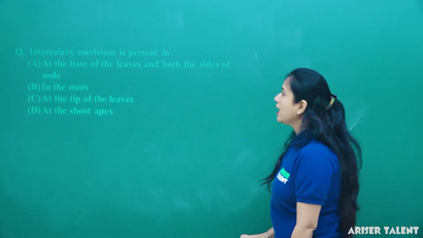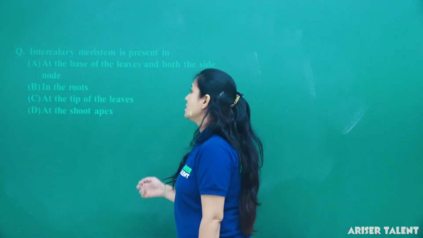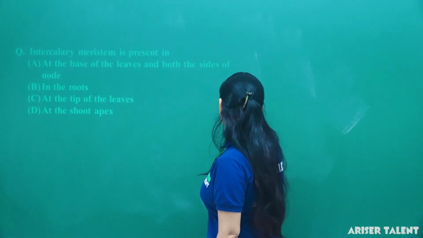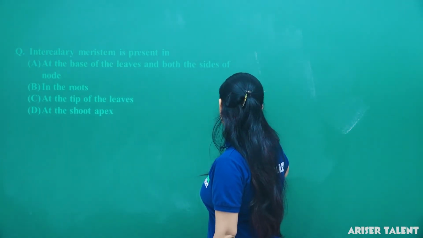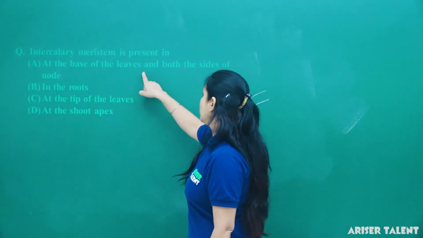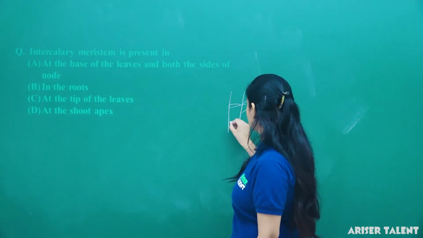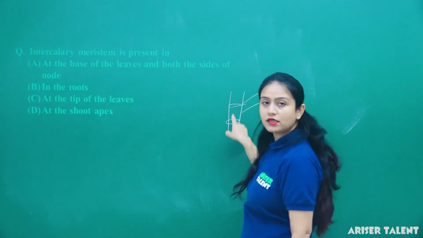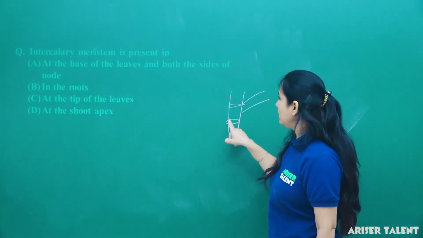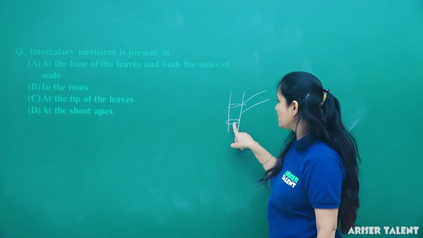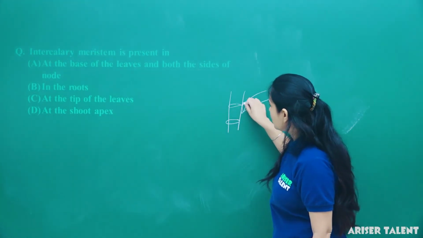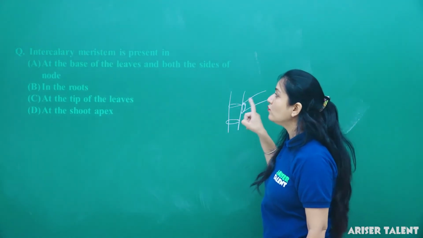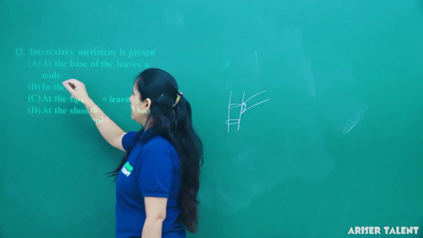Next: intercalary meristem is present where? At the base of the leaves and on both sides of the nodes. These are the nodes. Here, on both sides of the node it is present, and at the base of the leaf it is present. What? Intercalary meristem.